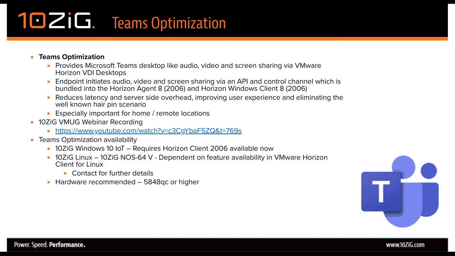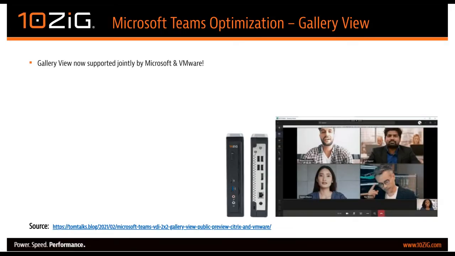So let's keep moving on. Now, I think it's important to emphasize some of the significant improvements for Teams optimization that have come along the way since the Teams optimization was first supported by Microsoft in conjunction with VMware.